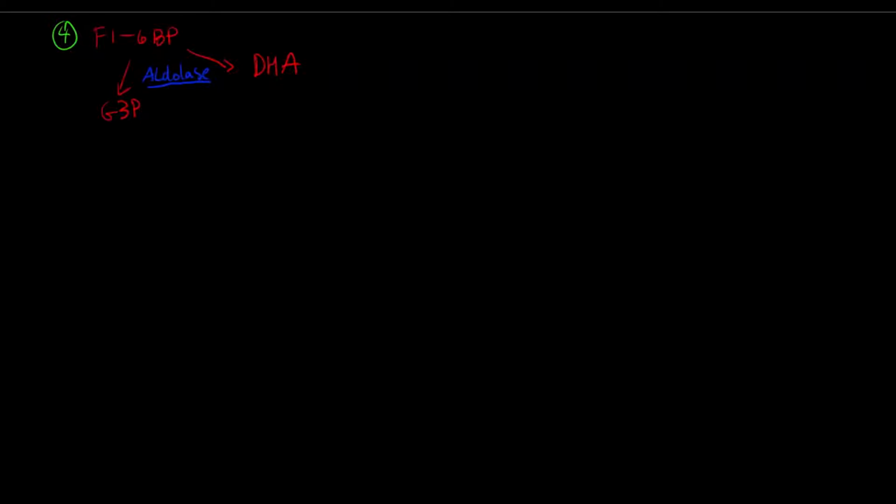The dihydroxyacetone is then converted into G3P, so we end up with two molecules of glyceraldehyde 3-phosphate. And a simple isomerase enzyme does that. You don't need to worry about the name, but just know that the fructose 1,6-bisphosphate molecule, when it gets split, doesn't get split perfectly. It is not a mirror.